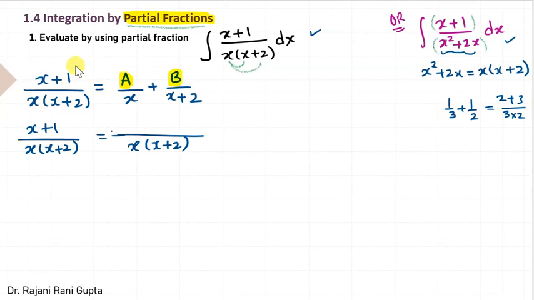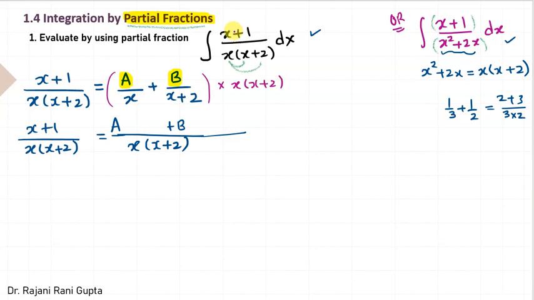Now we have to look at what will come with A and what will come with B. There are multiple ways of doing this. You can cross multiply, or otherwise the easiest way that works for all cases is to multiply the entire equation by the denominator x(x plus 2).